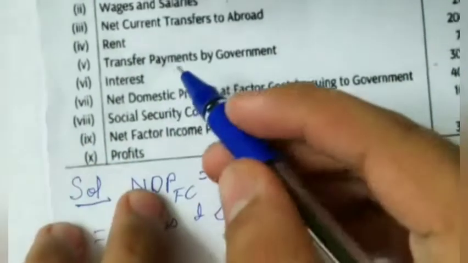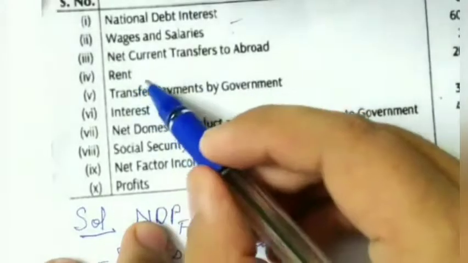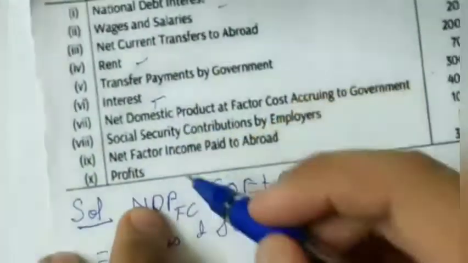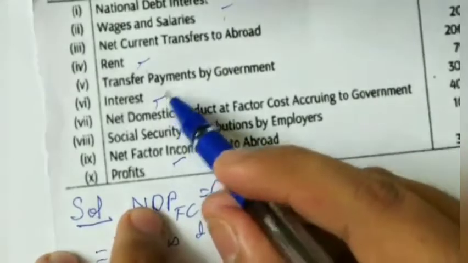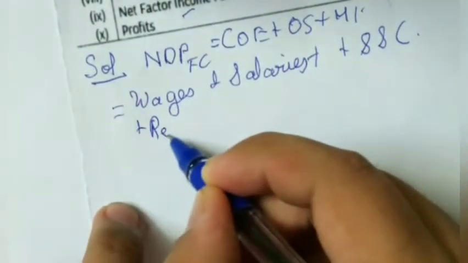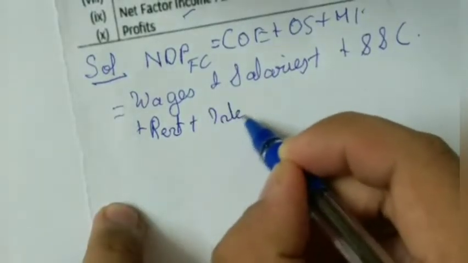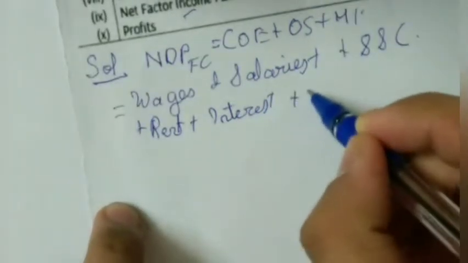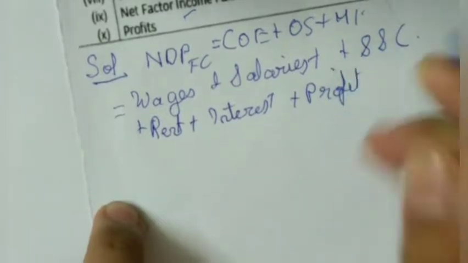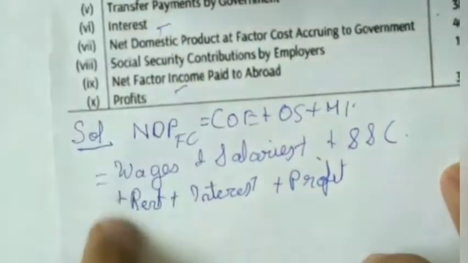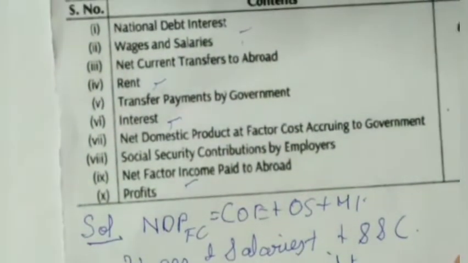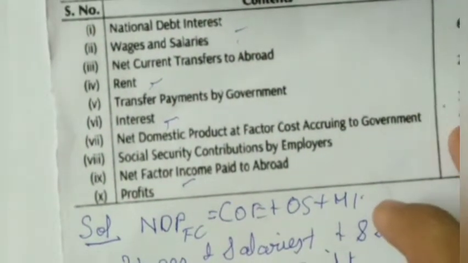In OS we have rent, interest, profit, net interest, profit. There is nothing else in OS here. Plus rent plus interest plus profit, and there is nothing about mixed income, so mixed income will be 0, we are not going to take it here.